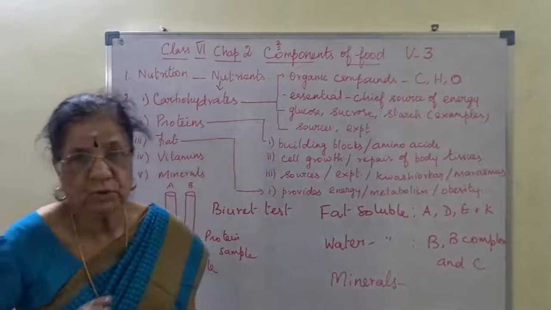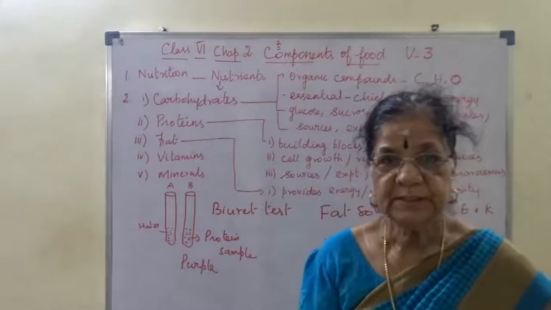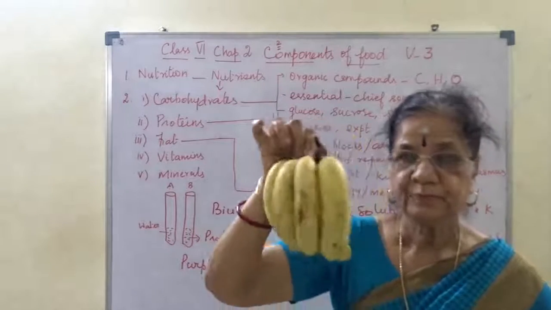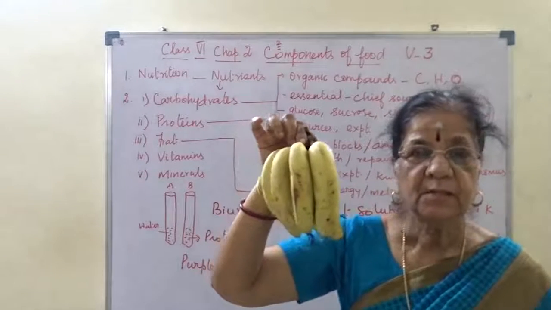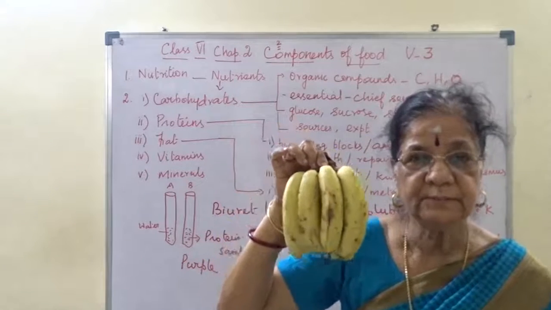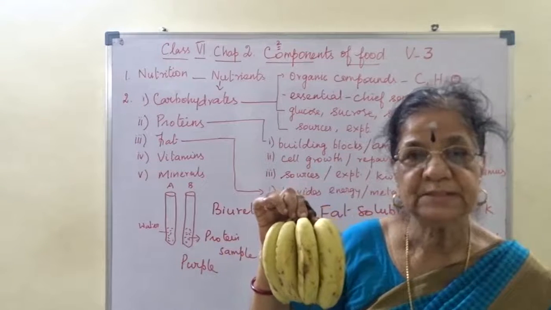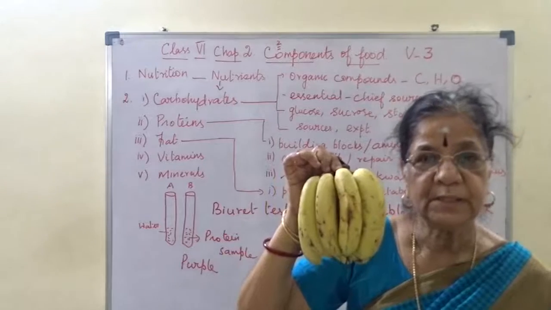I'll show you the fruits which are rich in minerals and vitamins. This is a banana, 6 standard. Banana is mainly for potassium, as nerve impulses are controlled by it. A macro mineral, banana.